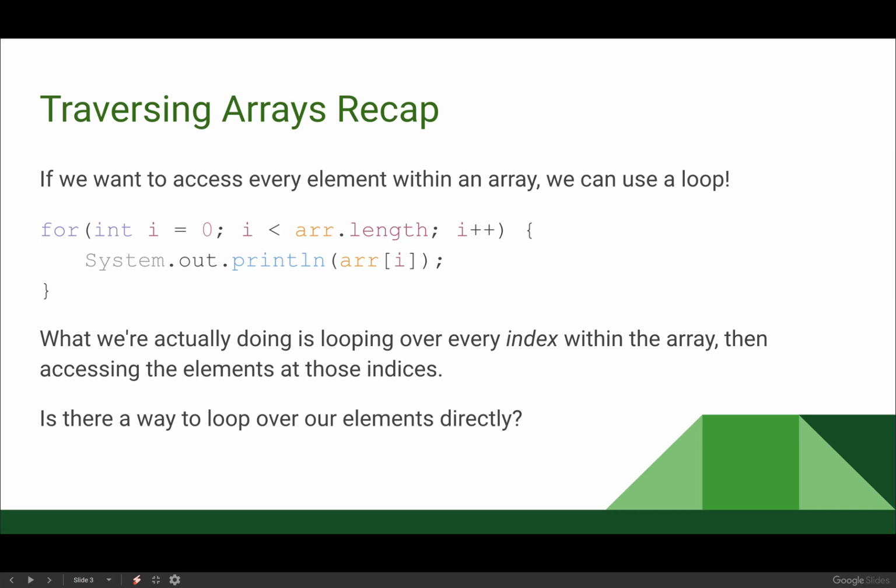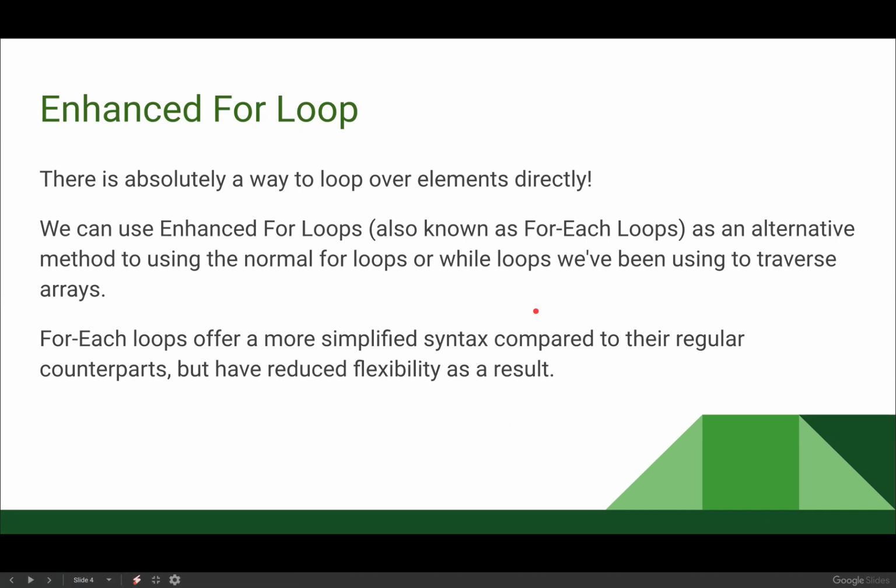The answer is yes, there is. So we can use enhanced for loops, which are also referred to as for each loops, as an alternative method to using normal for loops or while loops that we've been using to traverse arrays.